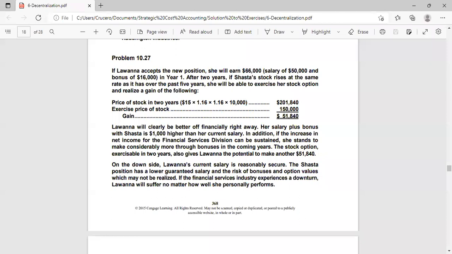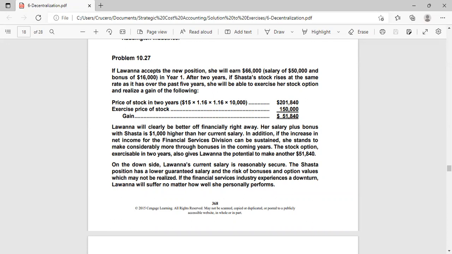The stock option exercisable in 2 years also gives Lawana the potential to make another profit. Now, on the downside, the stock option exercisable in 2 years will give Lawana the potential to make another profit of 51,840 in the form of gain on the increase in the value of the stock.